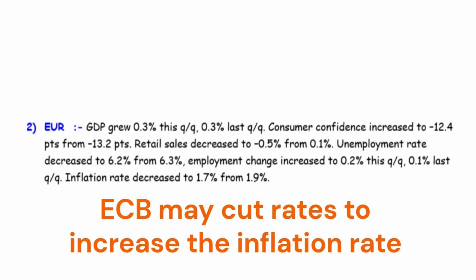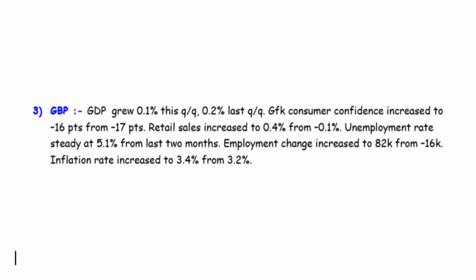Moving to GBP. GDP grew 0.1% this quarter, 0.2% last quarter. GFK consumer confidence increased to negative 16 points from negative 17 points. Retail sales increased to 0.4% from negative 0.1%.